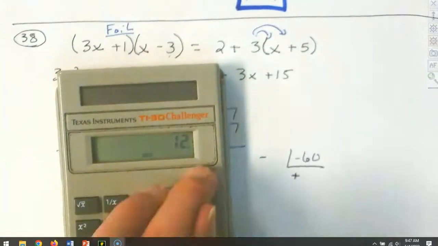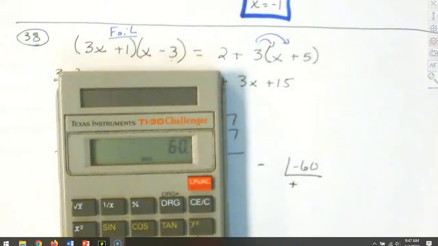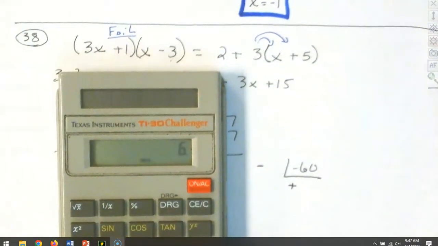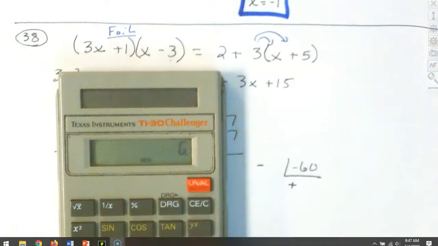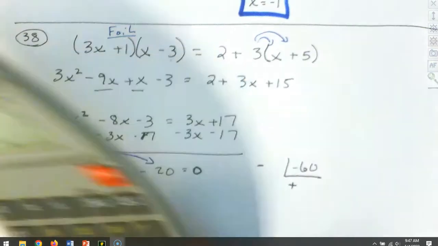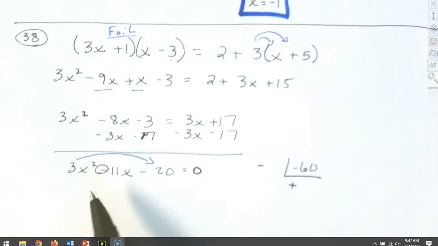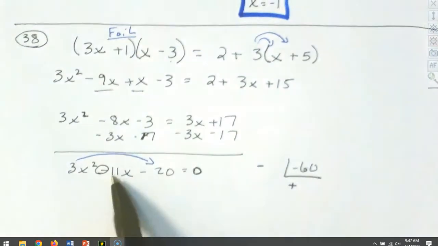No. 60 divided by 10. 10 and 6, when I subtract them, that's 4. Doesn't work. 60 divided by 15, that's my next one. 15 and 4, that's going to work because 15 minus 4 is a what? 15 minus 4 is 11, and 11's in the middle.